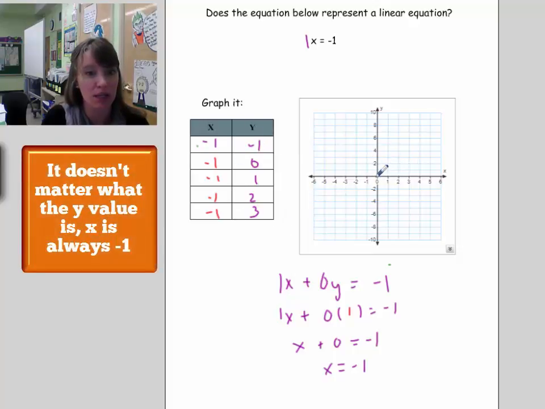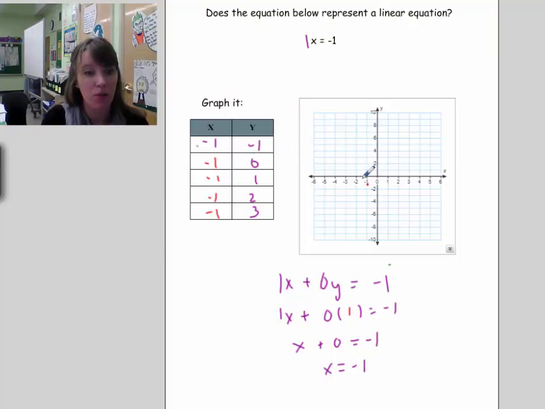Now let's go ahead and plot this. -1, -1 would be here. Okay, we would have -1, 0 here. Then we'd have -1, 1, and so on. So what we have is this vertical line. Here we have this vertical line that has the x-coordinate of -1.